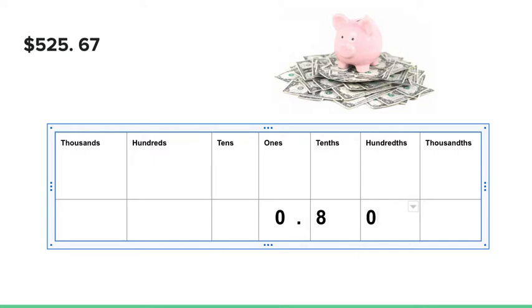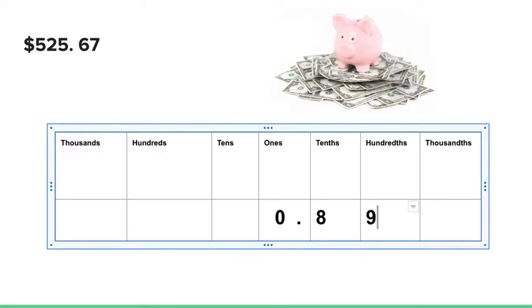If I had 80 cents, that would mean that I had 8 tenths of a dollar, and 0 hundredths. Now let's say I gave you another 8 cents. Then we'd be at 88 cents or 8 tenths and 8 hundredths of a dollar.